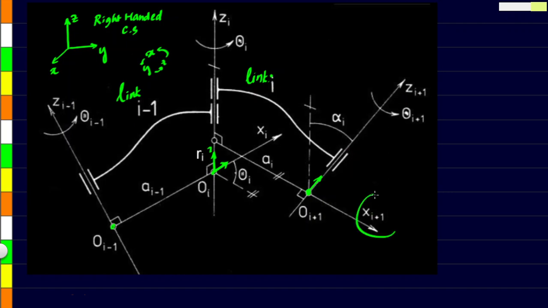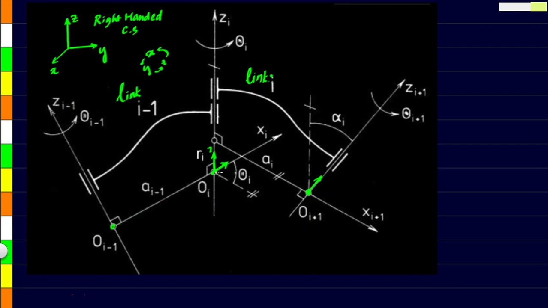Now how is the x axis found? The x axis is found in the continuation of the shortest distance between two z axes. If the two z axes are non-parallel and non-intersecting, they are called skew axes. If they are skew axes, then we need to draw the shortest distance between those two skew axes, and x will be in the continuation of that.